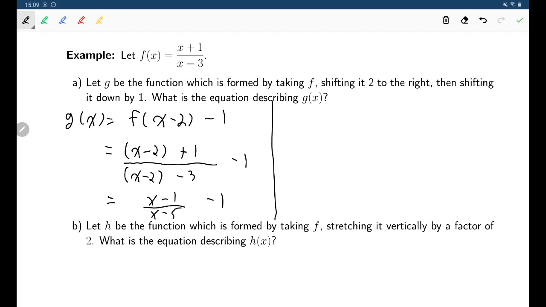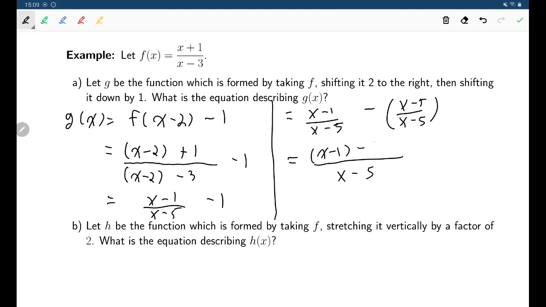And I can simplify that a little bit further. Just to combine those two terms, the minus 1, I could rewrite that as x minus 5 over x minus 5. And then cleaning things up, we would finally have in the numerator 4 over x minus 5.